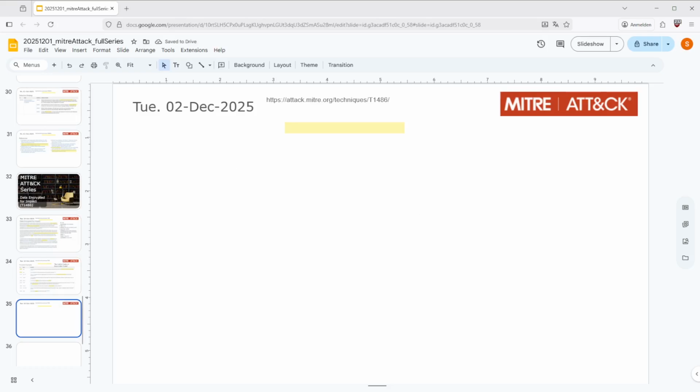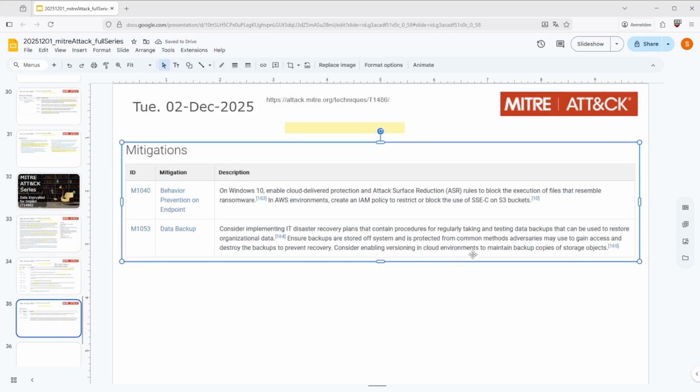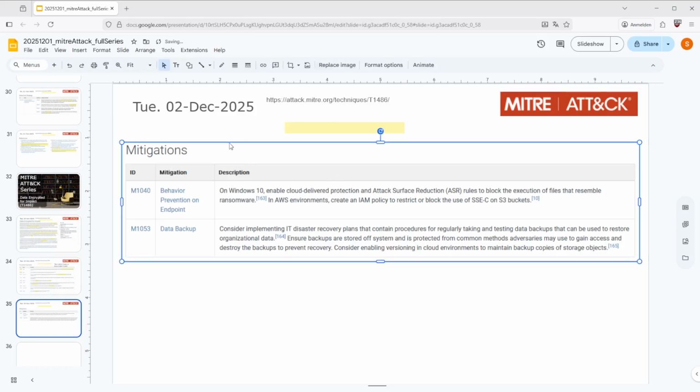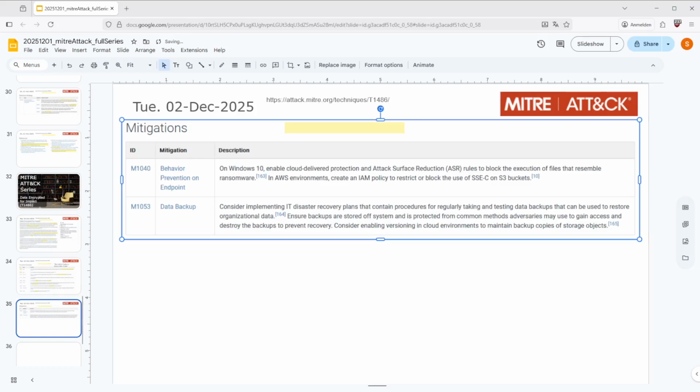Okay, so let's jump now to mitigations, and I'm very happy to see that MITRE ATT&CK is not far away from what I would recommend to anybody who is engaged in ransomware or somehow affected by it. First of all, let's save a little bit of space here, because the detection strategy can fit on the same page, I feel.